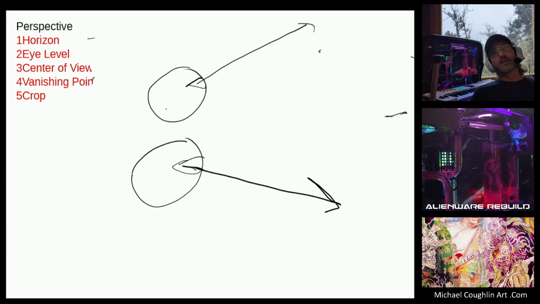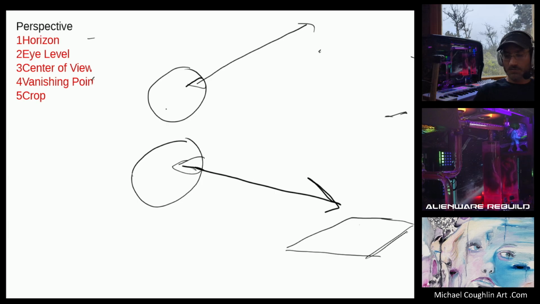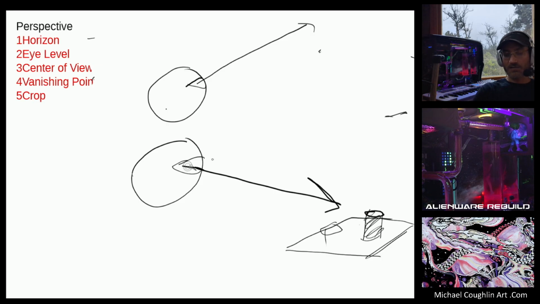Okay? Important to note, because that is when the objects on the table don't even relate whatsoever. They might not relate whatsoever to eye level or vanishing point or anything like that. It relates to eye level because you can decide which is below the eye level and which is above.